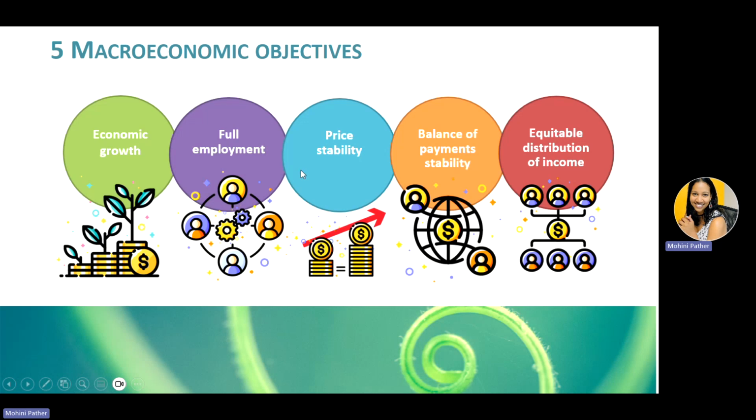Full employment: if we are not fully employed, that means that our PPC is inefficient. Price stability: we can't have our people with inflation that is out of control. Balance of payment stability plays into how we manage our foreign exchange and our currency. And equitable distribution of income speaks very much to how we tax our people and how we redistribute income throughout our country.